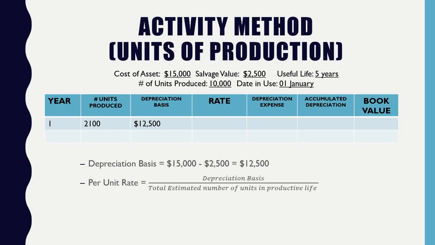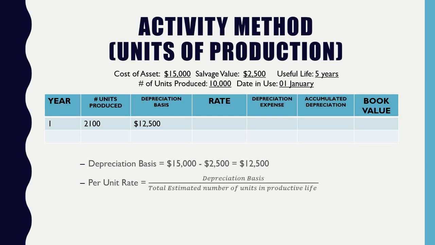No. So we'll take the 12,000 divided by the units produced, so it'll be 12,000 divided by the 2,100. Now, that's how much we produced that year. Oh, okay. So it would be 10,000 times 5 years. Yeah, so it would be, let's see, $1.25.